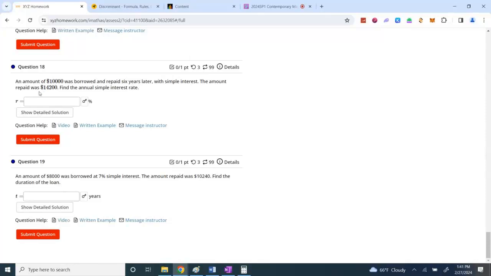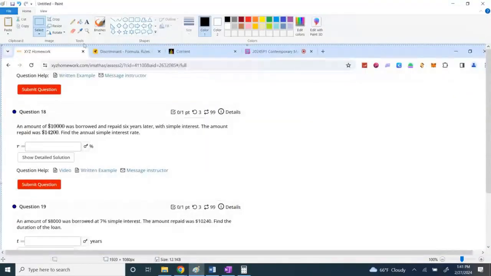The amount repaid was $14,200. You're asked to find the simple interest rate. So I'm going to copy this into OneNote.